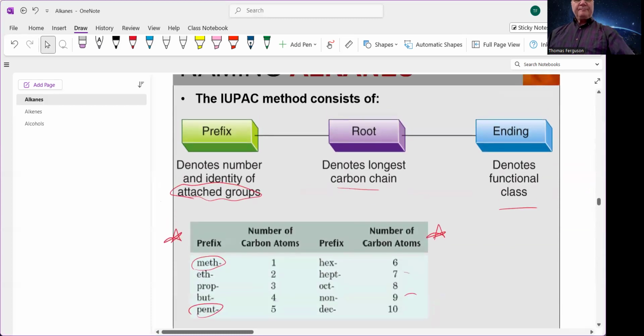Okay, so IUPAC, International Union of Pure and Applied Chemistry. It's the official way to name things. And then there's the other way to name things called a common name. So you've got common name, IUPAC.